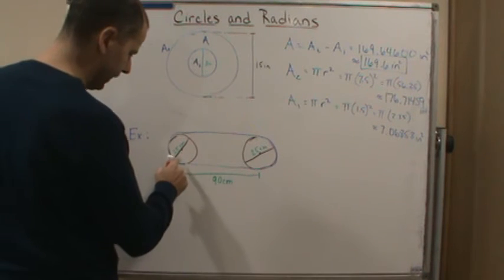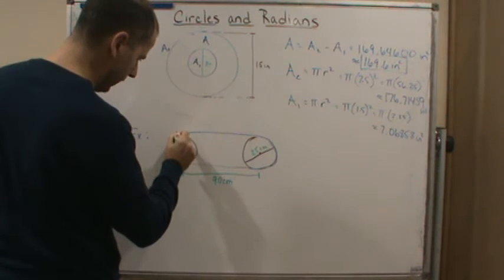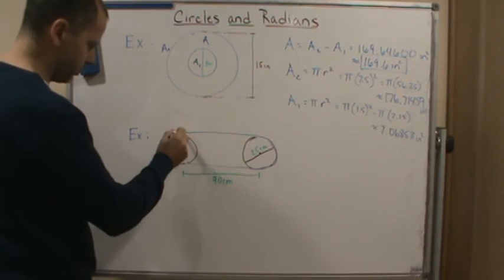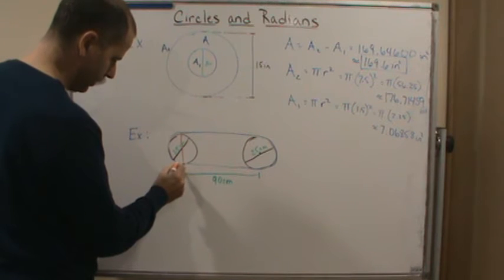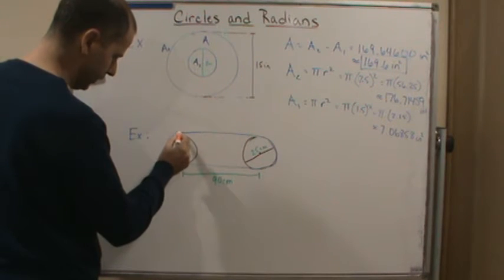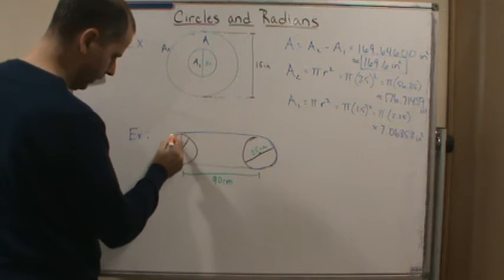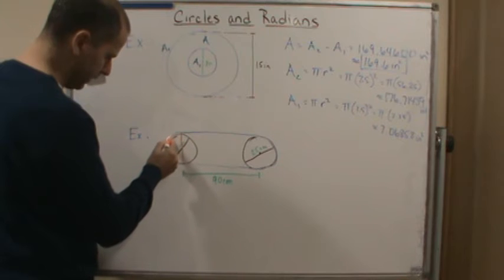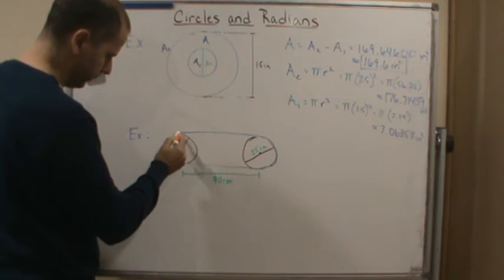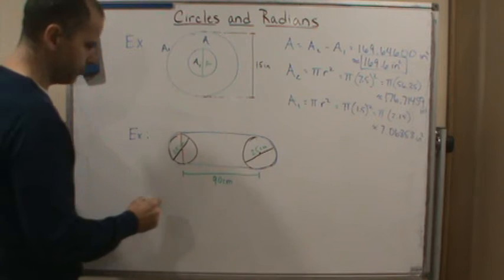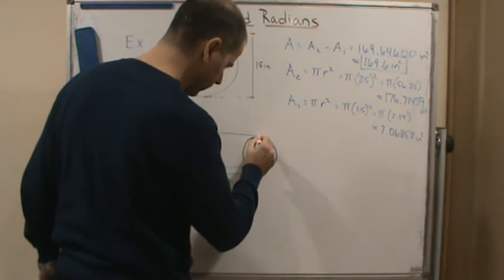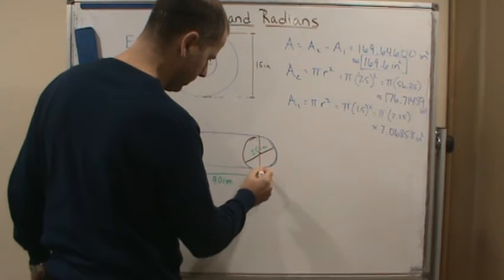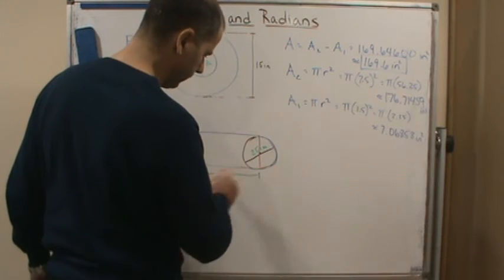So the way you want to look at it is, if I draw a diameter going straight down, that's the part of the circle that the band is touching, right? So assuming that it's a nice snug fit, all we have to do is measure this half circle for that piece. And then if we do the same thing over here, all we have to do is measure this length here for that half circle.